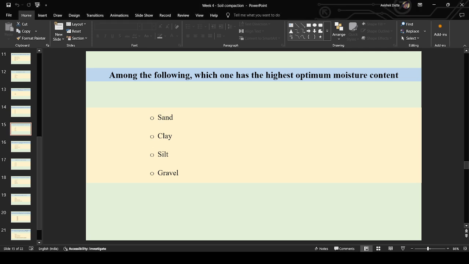Among the following, which one has the highest optimum moisture content? First option, sand. Second option, clay. Third option, silt. Last option, gravel.